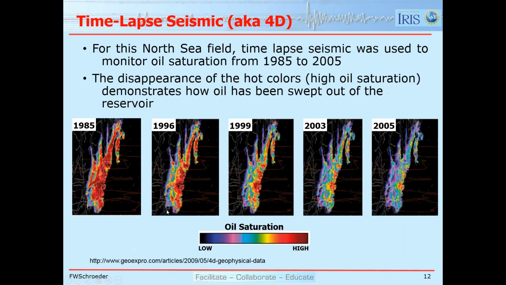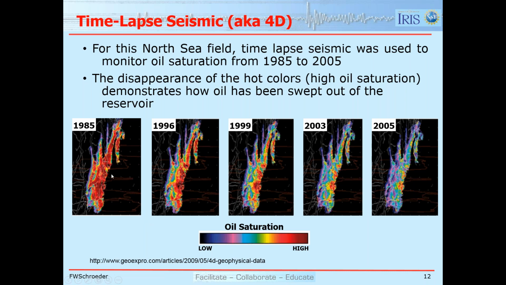This is the same survey area. So this is Gullfaks. This is 1985, 1996, 1999, which I showed on the previous slide, 2003, 2005, and what is color-coded is the oil saturation. So there's a lot of oil if it's in the red shades, and there's very little oil if it's in the purples to blues to blacks.